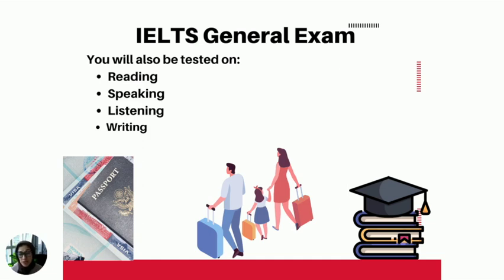So maybe a community college or a certificate program you are applying to, you would be required to take the IELTS General Exam and not the IELTS Academic Exam.